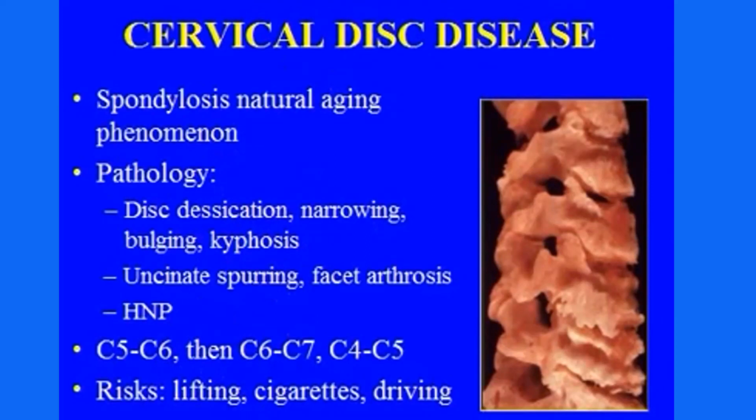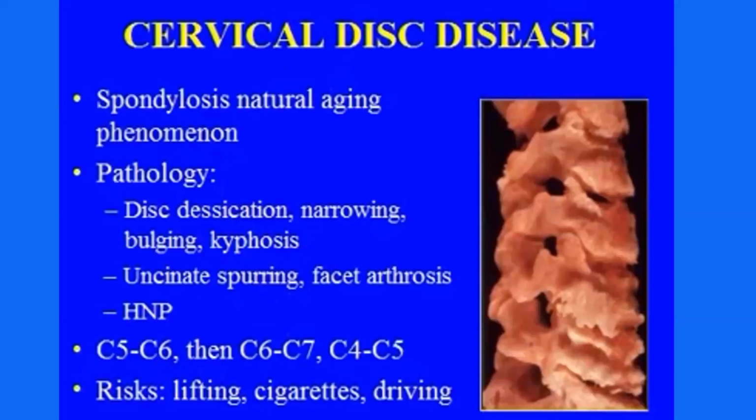You have to pay attention that with time they form osteophytes at the posterolateral margin of the vertebral body. And this is known as uncinate spurring. You have to know that there's facet arthrosis with osteophytes. You have to know that these patients probably at one time or another had a herniated nucleus pulposus.